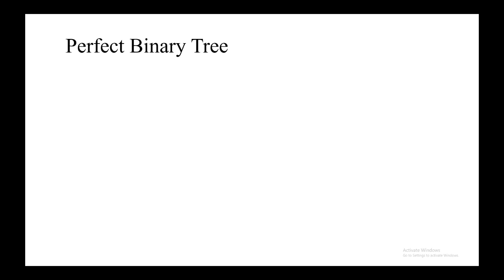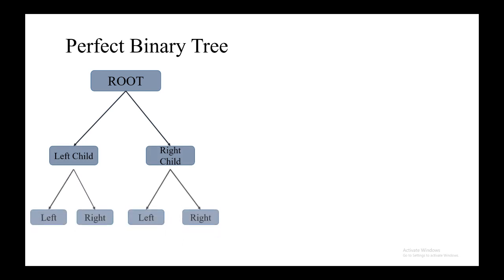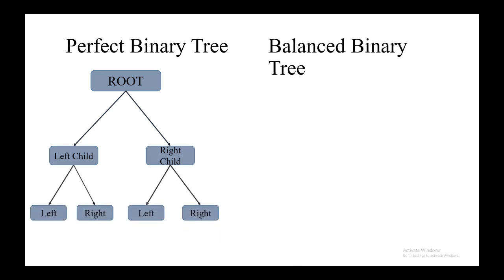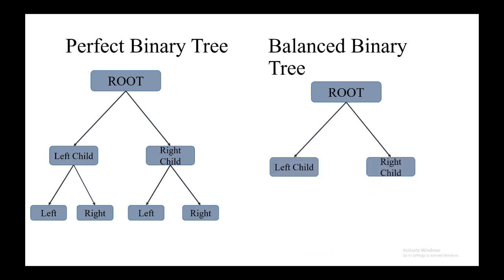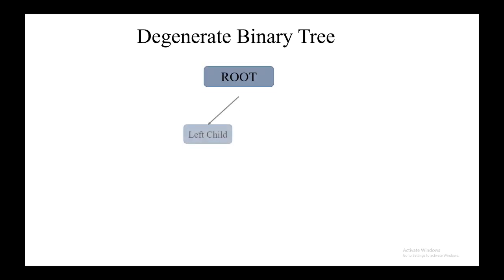The third one is the perfect binary tree. As can be seen, the perfect binary tree has strictly 2 nodes. The fourth one is the balanced binary tree. The height of the given tree only differs by 1. And the last one is the degenerate binary tree, which has strictly 1 child for each of its nodes.